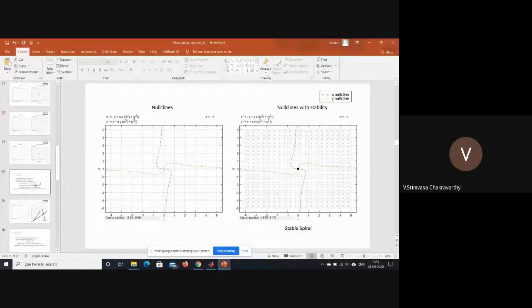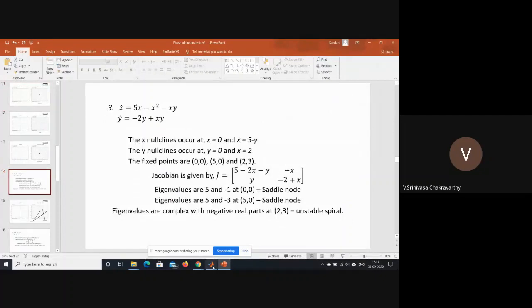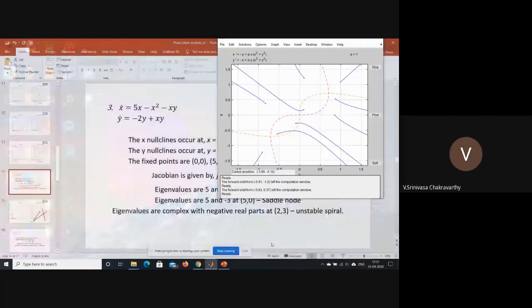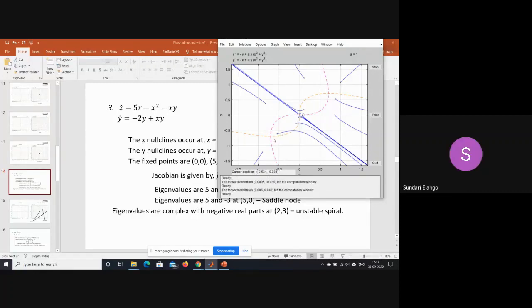Moving on, can you show stability close to the fixed points? Yes, sir. Start a lot of initial points close to the fixed point. It's a saddle, right? Yes, sir. This one's a saddle, so it should get attracted in some direction. It is kind of trying to come close to it, but getting repelled in another direction. So this is unstable totally.